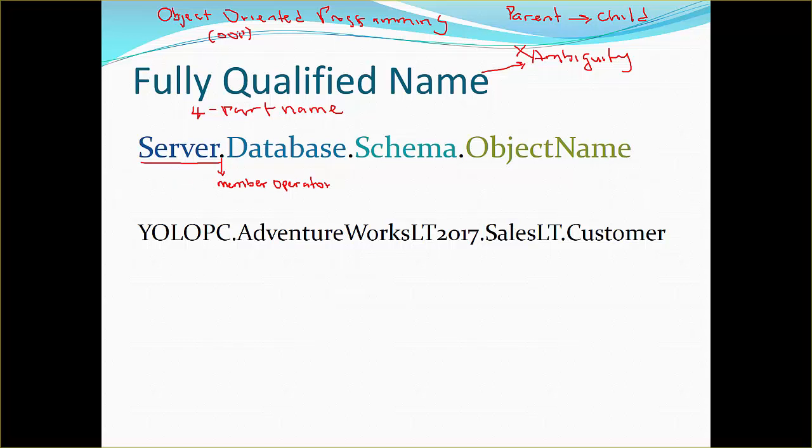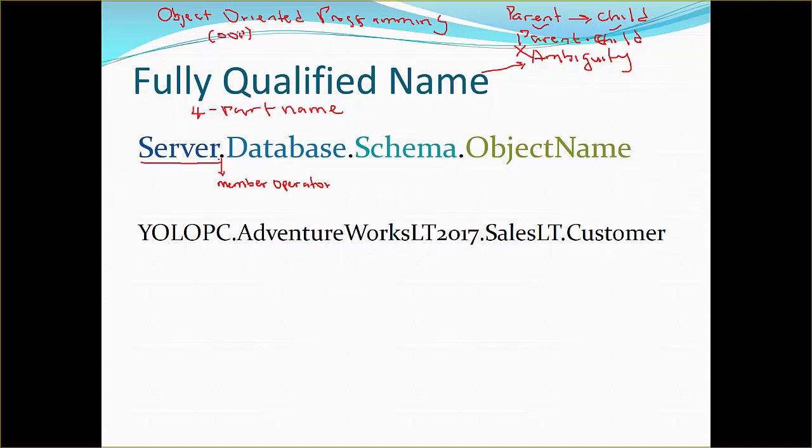That's what the dot is saying: whatever you are seeing on the right is a member of what's on the left. Remember, I was talking about a parent-child relationship. So in this case, what we have is a parent dot child.